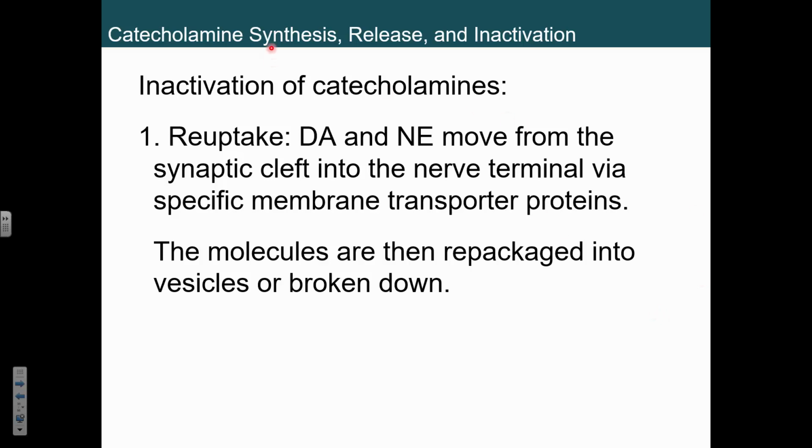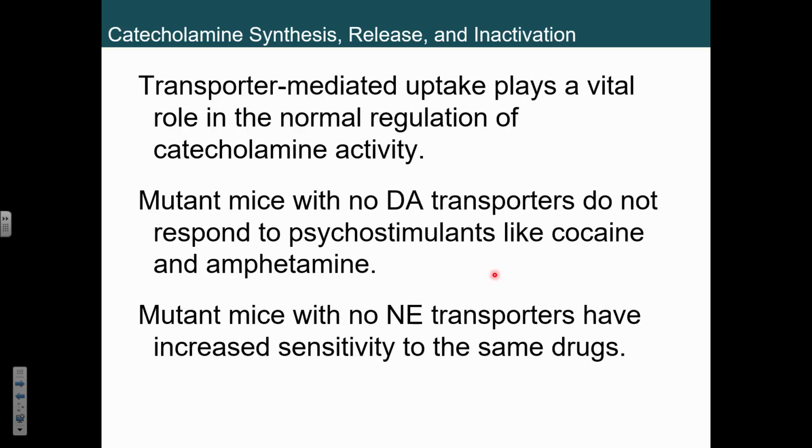How are we going to inactivate catecholamines? Again, reuptake. This is one of the primary ways we'll do this. There are reuptake transporters, dopamine transporters. They're just going to reach out and pull that dopamine back in to wherever you've released it, and you can recycle that dopamine or norepinephrine and use it again. So we'll repackage those and drop them out.